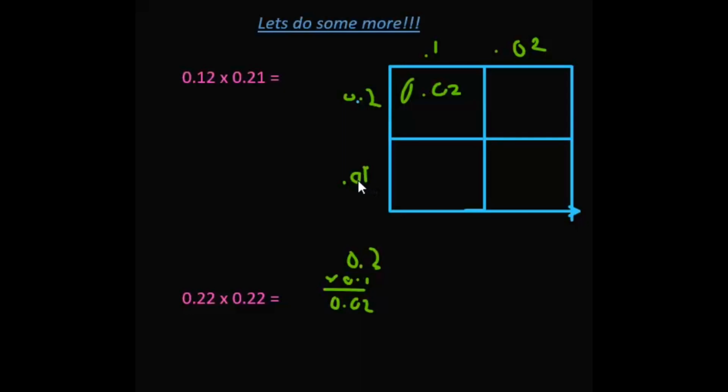Now let's do 0.1 times 0.1. 0.01 times 0.1 equals 0.001. So the answer to this is 0.001, and we can write that down here. Okay. So now let's do 0.2 times 0.02.